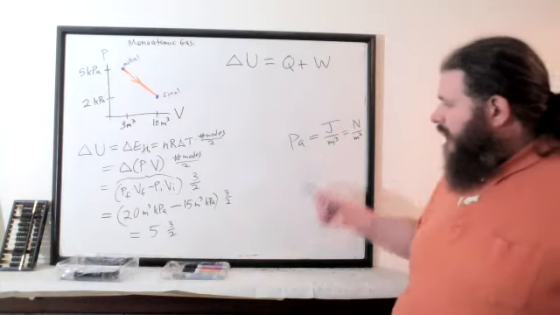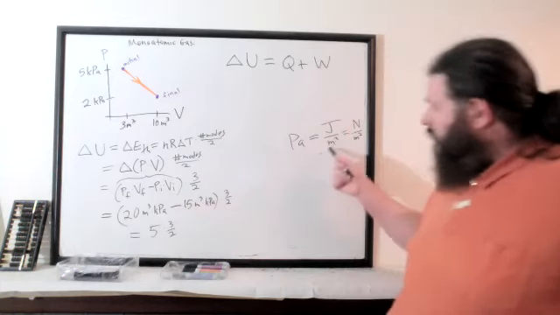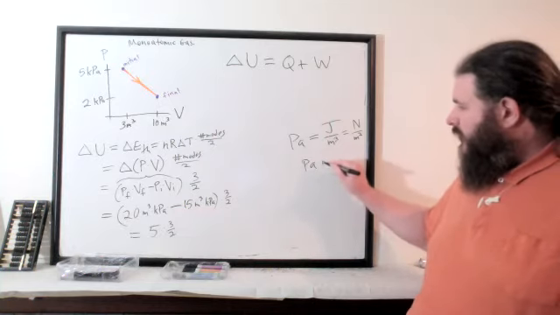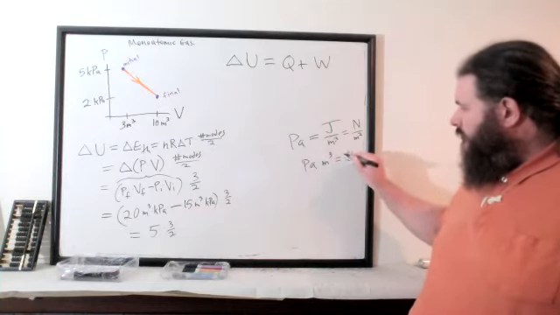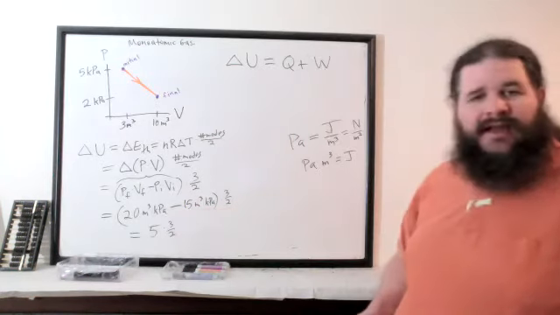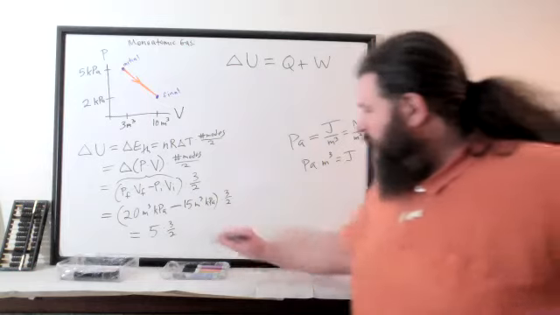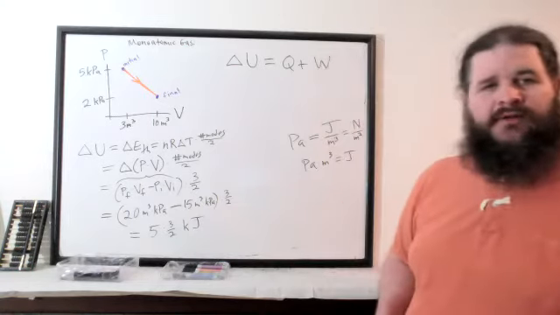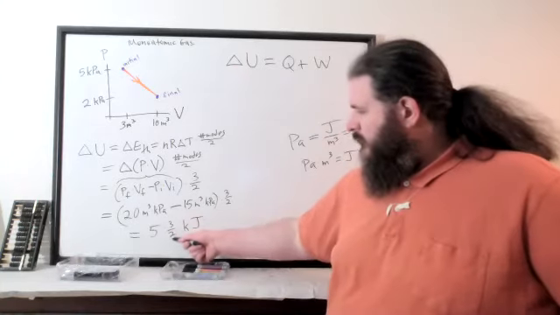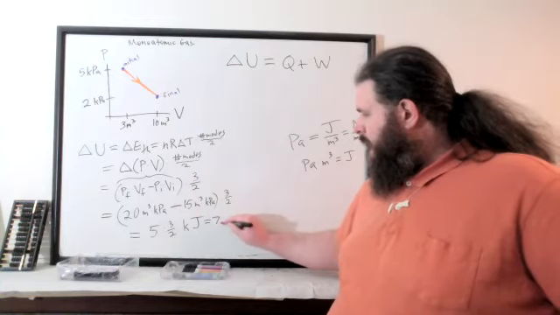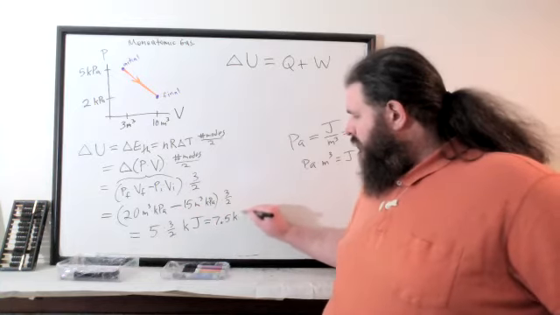So if we take pascals and multiply by cubic meters, the cubic meters are just going to cancel out. In general, pascals times cubic meters is joules. But we've also got this kilo here, kilopascals. So that's going to be kilojoules. So that's how the units would work out. 5 over 2 would be 2.5, times 3 would be 7.5. So 7.5 kilojoules.